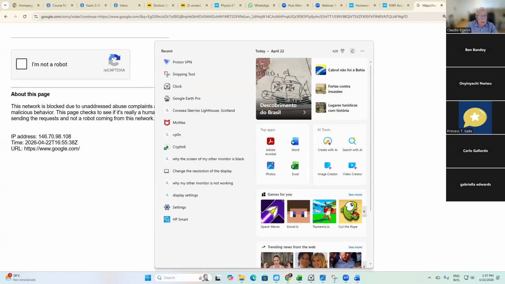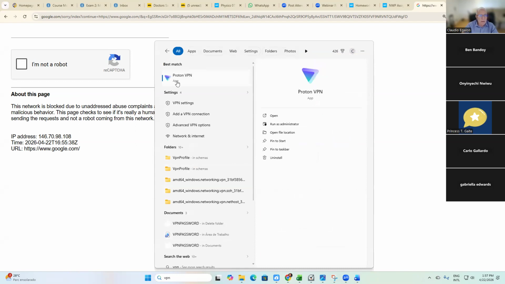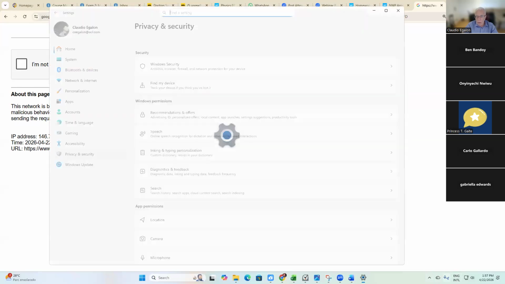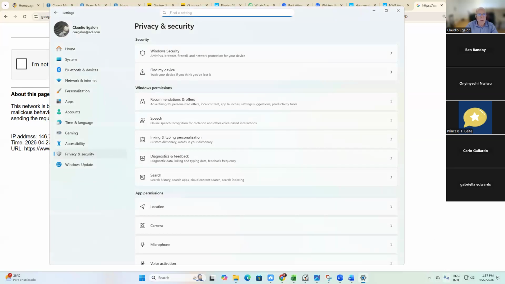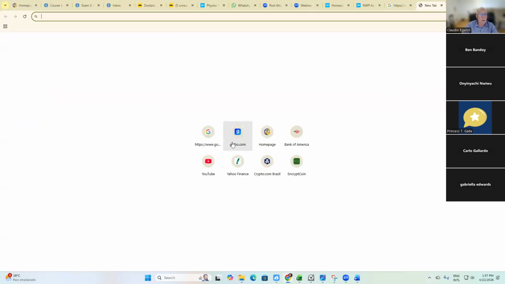VPN. That's the one I'm trying to open. I need to close it. No, that's not the one. My VPN interfered with my Google search for some reason.